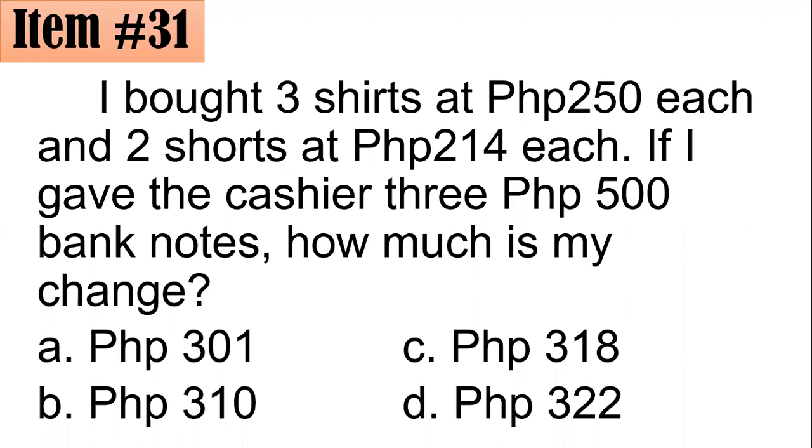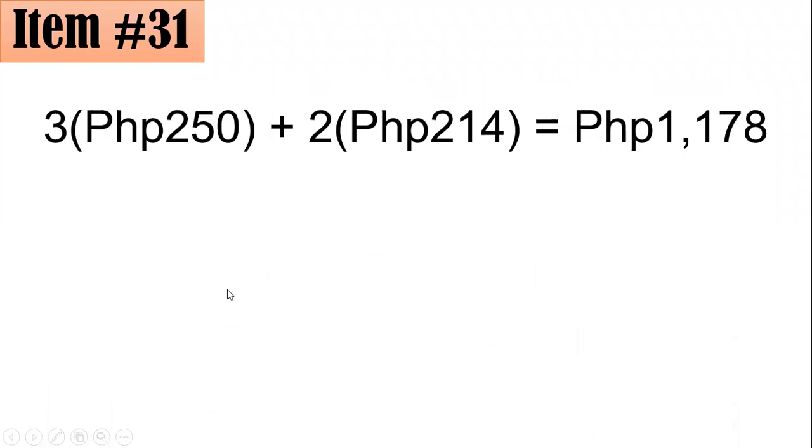Okay. So far, I could see a lot of these coming from some of the reviewees. And I think, let's see if you got it. To determine the total price of all the items you paid, of course, since you bought 3 shirts, the total price of those 3 shirts is 3 times 250 pesos.